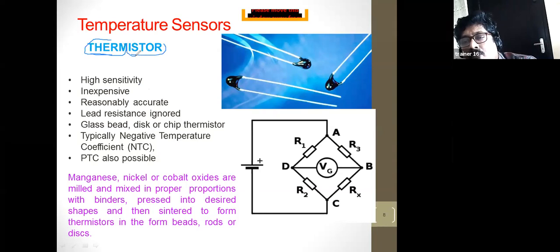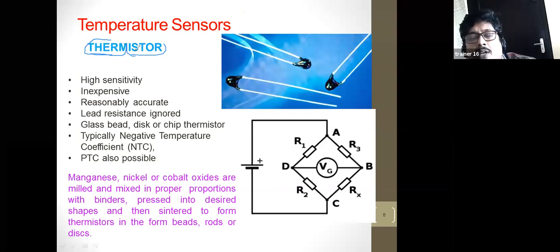When this resistor is exposed to a heat source or temperature, automatically there will be a change in the resistance. This resistor element is a very sensitive element, inexpensive. Of course, inexpensive means the cost is less.